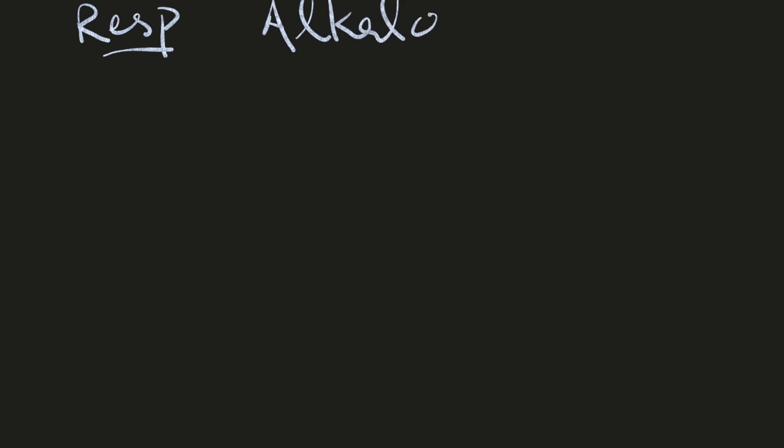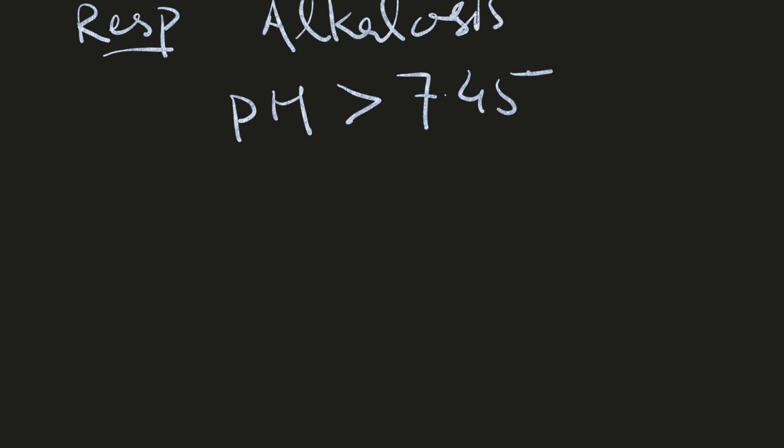That brings me towards the last component. It is respiratory alkalosis. So it is an alkalosis. Surely the pH will be more than 7.45. As it is respiratory, the culprit is CO2, which is an acid.